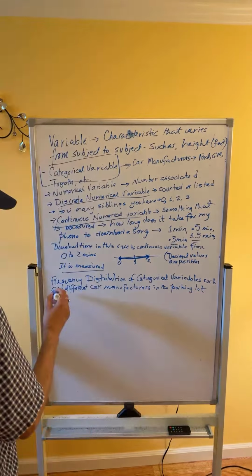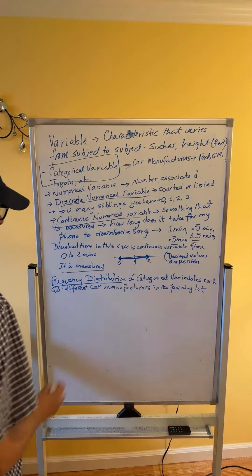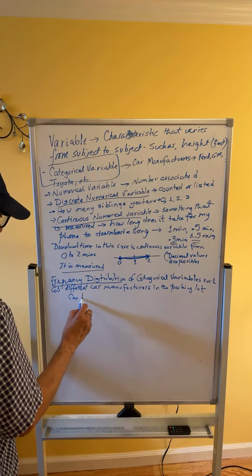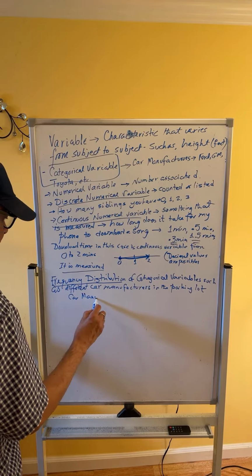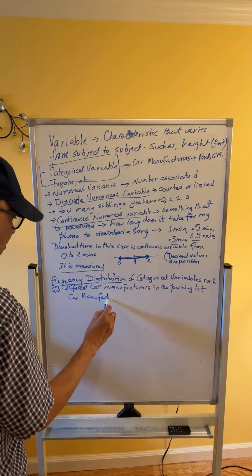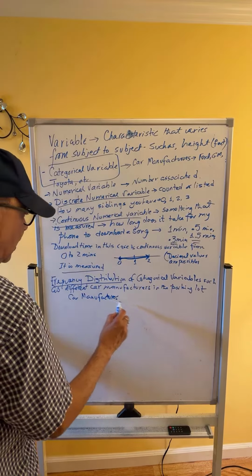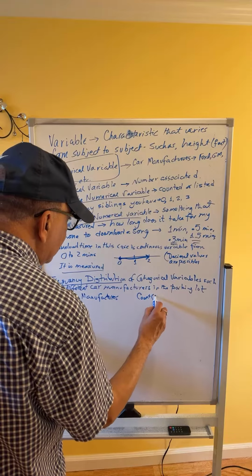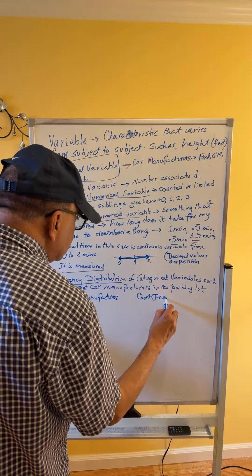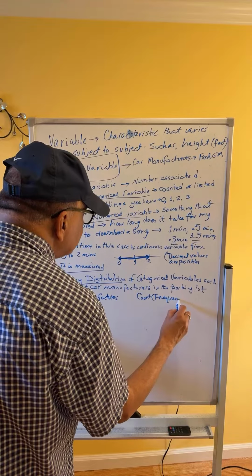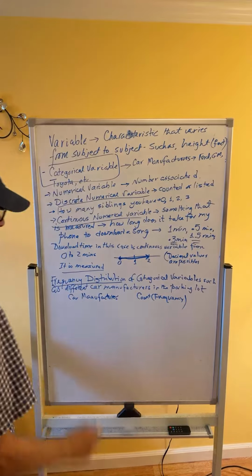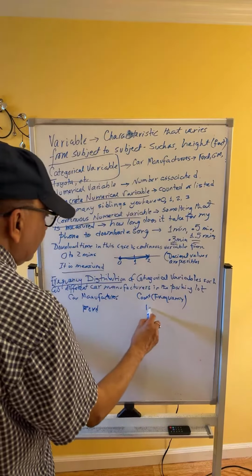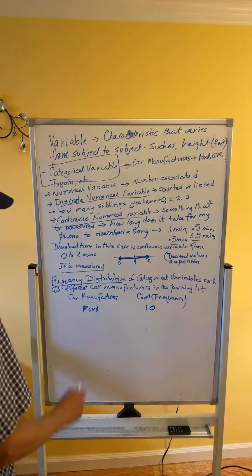So how will you list this table? You will have car manufacturers, and count or frequency: how frequently each category of car manufacturer occurs in the parking lot. How many Ford cars are there? Say there are 10 Ford cars.